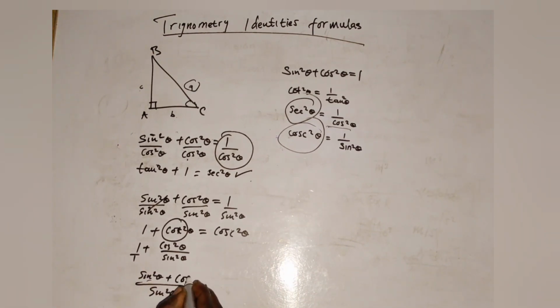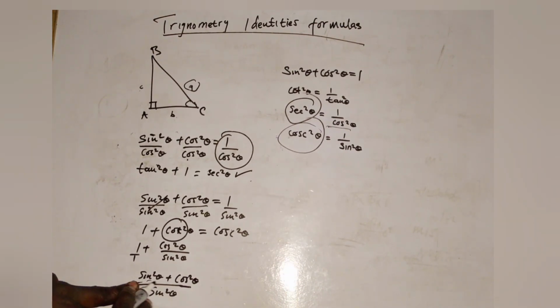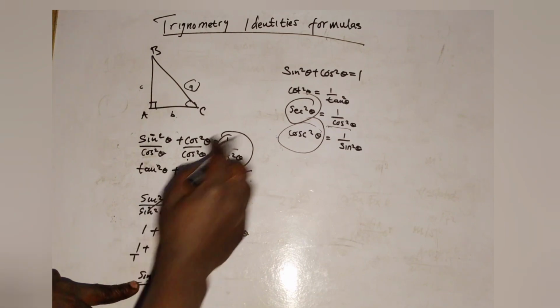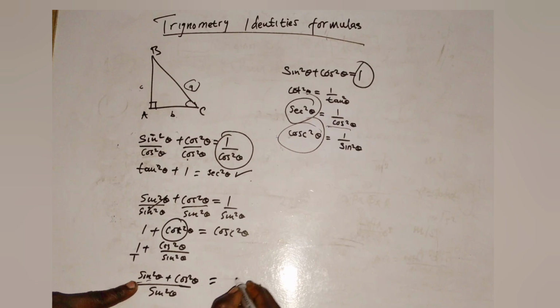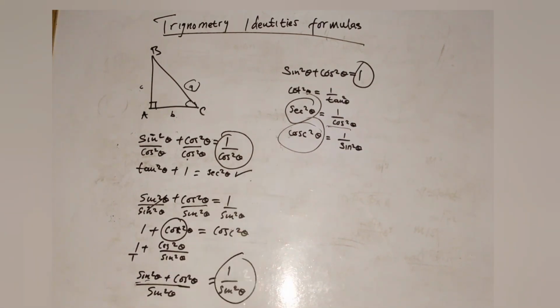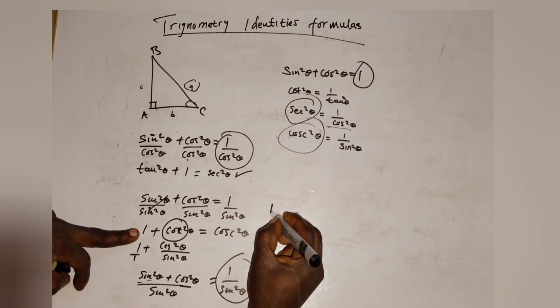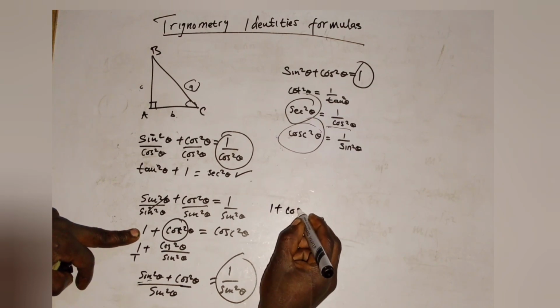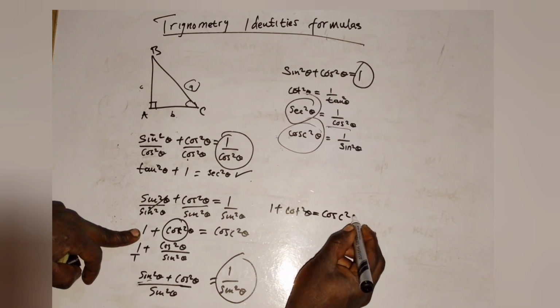Remember, sine squared theta plus cos squared theta equals 1, so we can substitute here with 1. So we have 1 over sine squared theta, and 1 over sine squared theta is cosec squared theta. This is how I come up with 1 plus cot squared theta equals cosec squared theta.